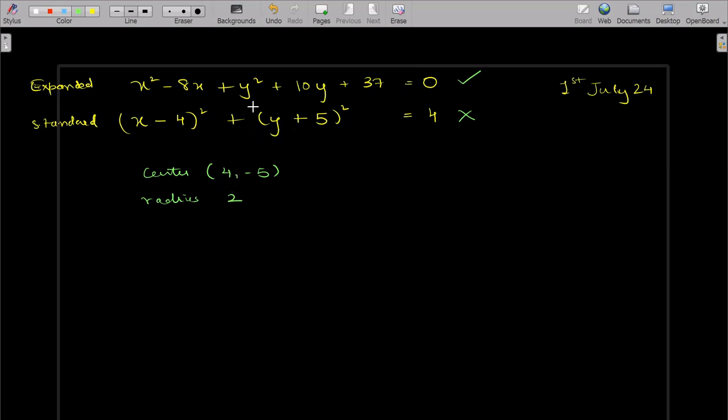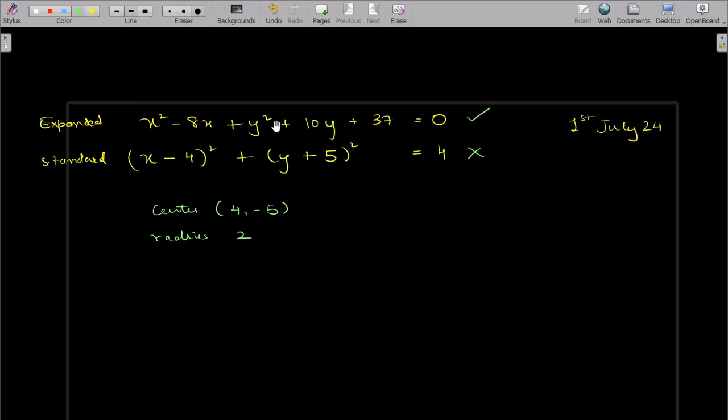The shortcut for that is, first of all you will compare this equation with the general form of the equation. It is given by x square plus 2gx plus y square plus 2fy plus c is equal to 0. Did I tell you about this shortcut?